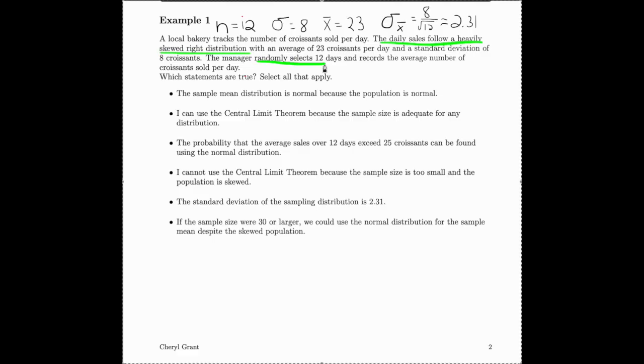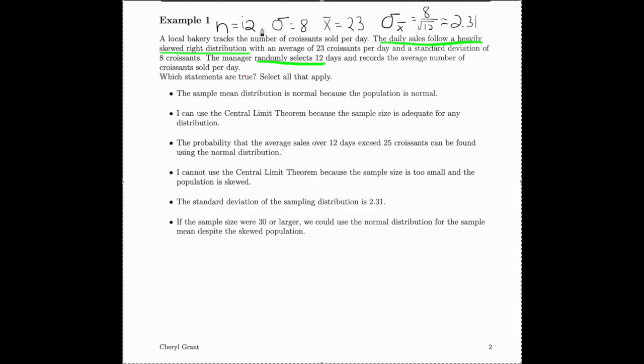And then the other thing we need to check is about the population. Is the population distribution normal? And that's why I underlined it in the second sentence. It is not normal. It is skewed right. So it doesn't meet that criteria, which means in order to use the central limit theorem, it needs to meet that second criteria, which is a large enough sample size.